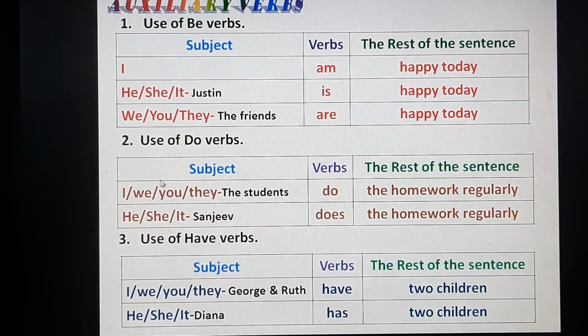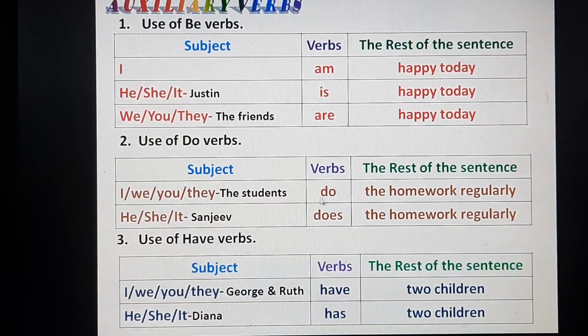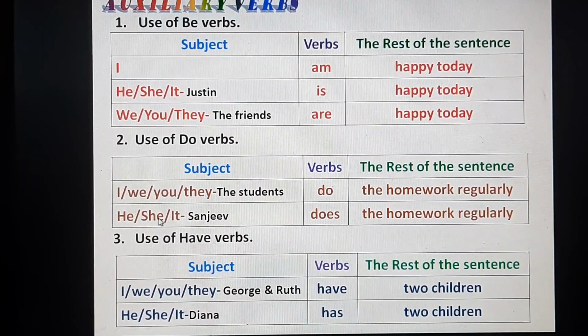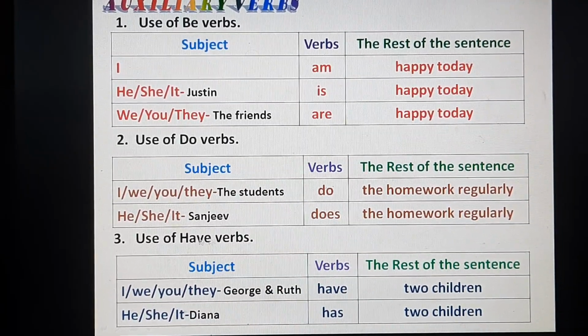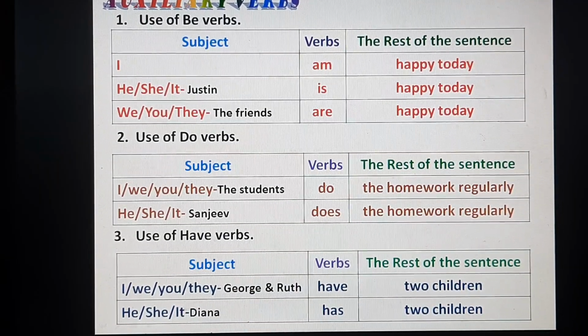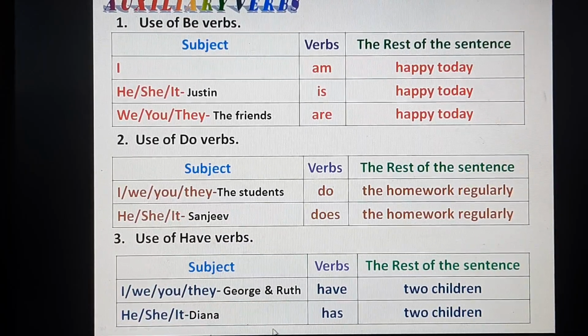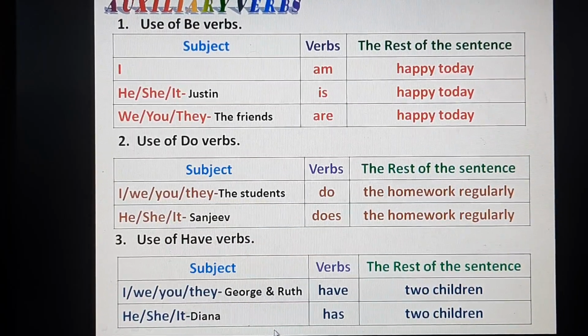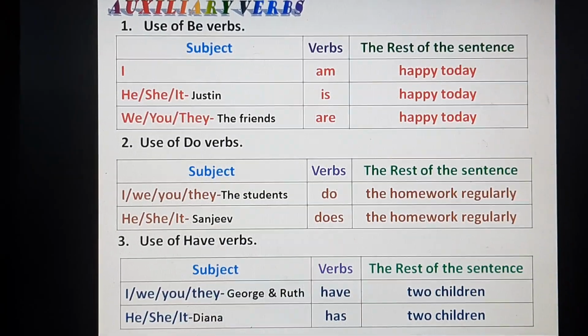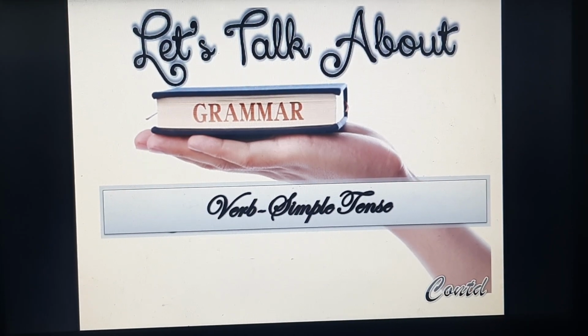Do verbs: do is used for these subjects, and for third person singular it is does. Have verbs: have is used for these subjects, has is used for third person singular. I hope you have understood the simple present tense form of verbs, children. Thank you. Let's continue with the simple tense.